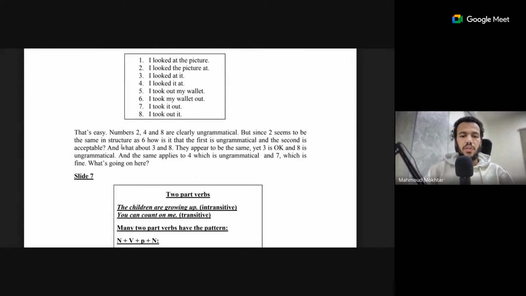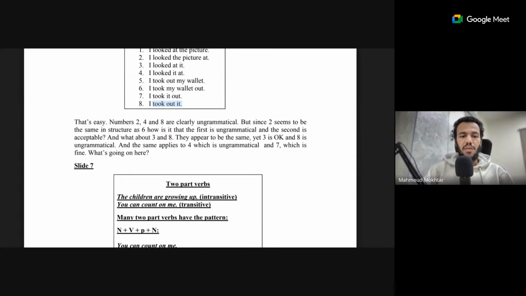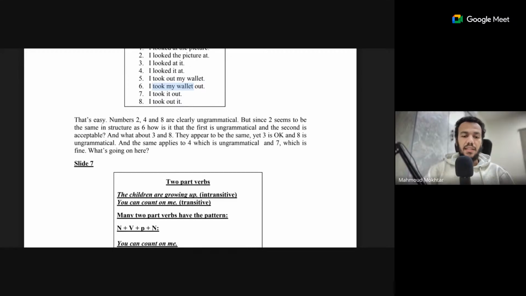Okay. It is easy. Numbers two, four and eight are clearly ungrammatical, but since two seems to be the same in structure as six, how is it that the first is ungrammatical and the second is acceptable?